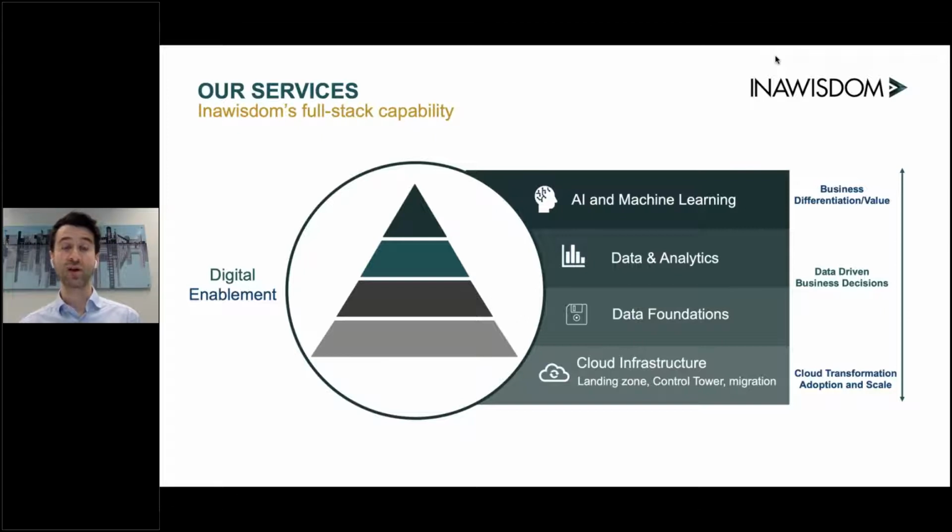We need to understand very well data, ETL processes and transformations, as well as how to use the data, data engineering, how to analyze it in the best way. And of course, on top of that pyramid is the AI and machine learning, and that's really where the magic happens. We also help customers embed these solutions in their business, and this is really where something that from technology becomes an actual thing that you can use.